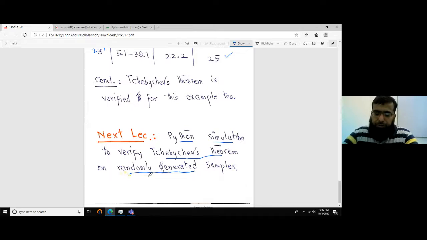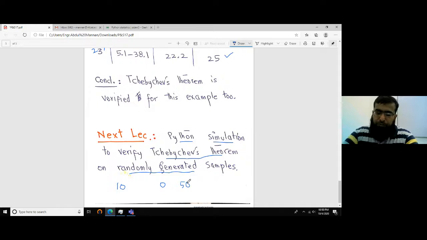When you run the simulation, you will be asked how many numbers you want, maybe a sample of 10 integers. Then you will be asked the lower limit and the upper limit of the integers, maybe from 0 to 50.